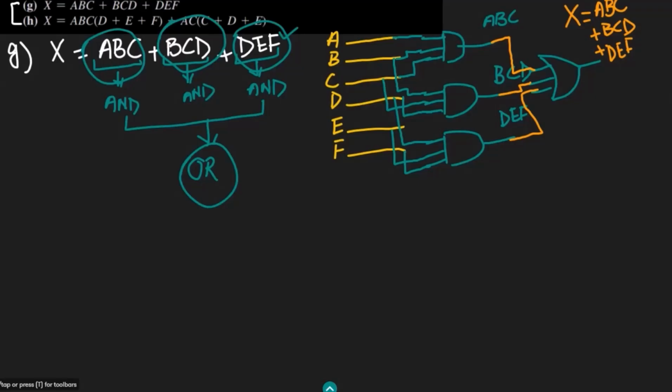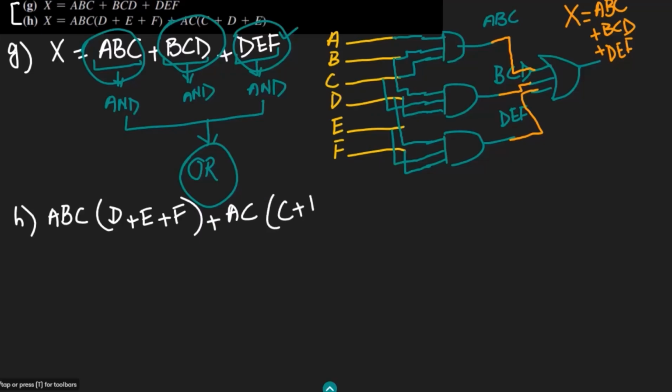The statement is H equals ABC, and with it I have to multiply D plus E plus F. Plus AC, and with it I have to multiply C plus D plus E.